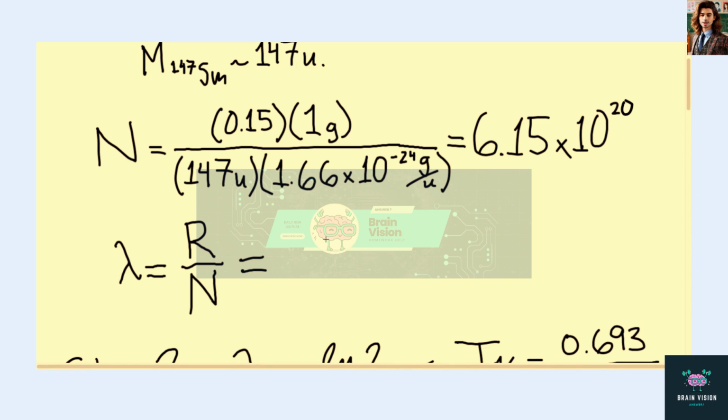Now that we have a figure for N, we can divide into the activity value we were given of 120 decays per second.